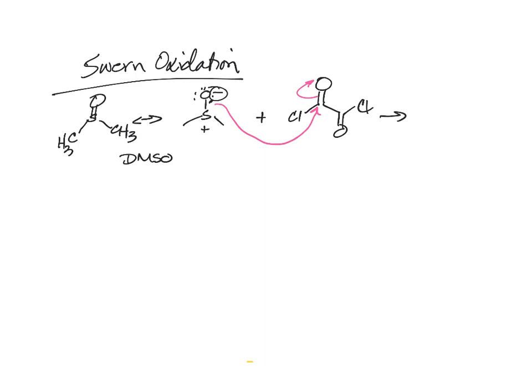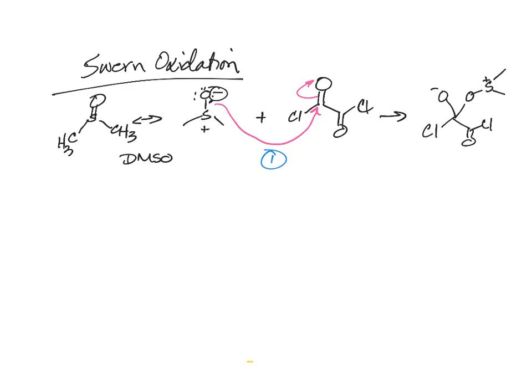So then we'll have an intermediate, and that will be step one. The intermediate looks something like chlorine, an oxygen here with a negative charge, another oxygen attached to it, the sulfur with a plus charge, and then the rest of the oxalyl chloride.